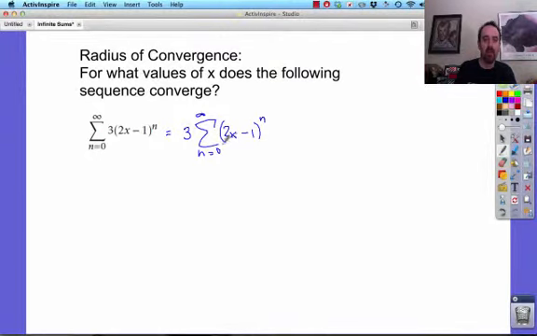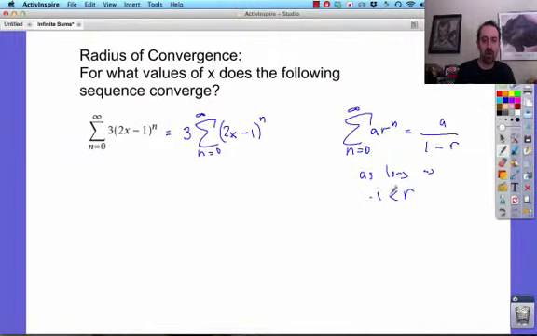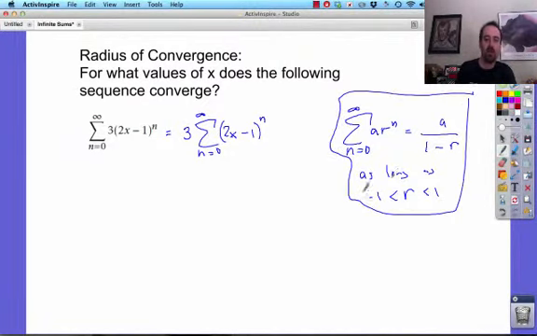And geometric series says that if I have something raised to the nth power, this something will converge, I'm going from 0 to infinity, as long as, remember, geometric says we have a r to the n, n equals 0 to infinity, will converge to a over 1 minus r as long as r is between -1 and +1. Okay, that's the rules for converging geometric series.